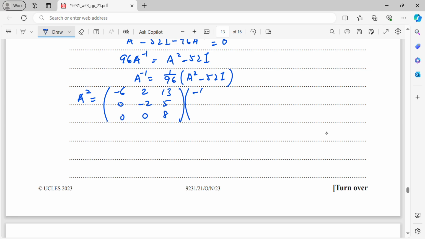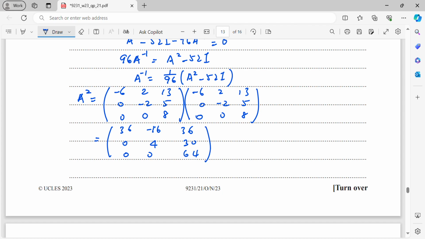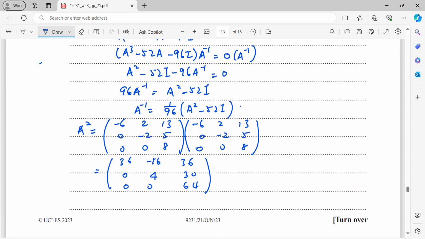So you square it. So now you just expand, and at last you will get 36, minus 16, 36, 0, 4, 30, then 0, 0, 64. Okay, then now substitute into this result.